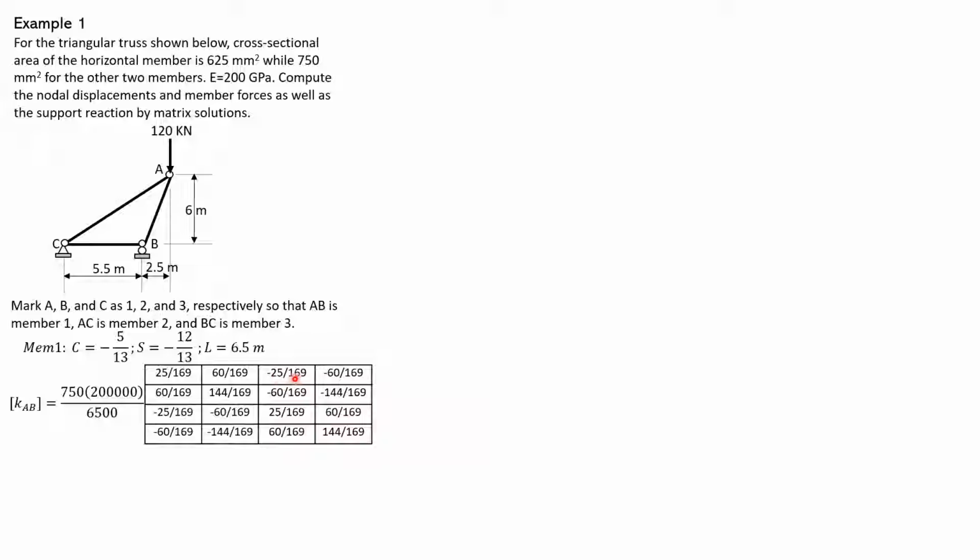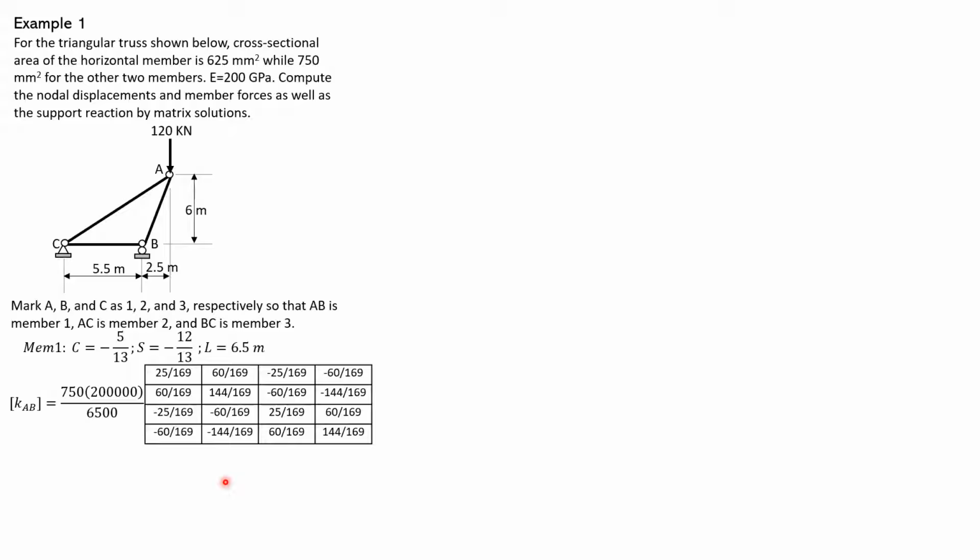Then this is the negative of the first, this is the negative of the second. Then this is CS, so we just copy that. This is S square, the square of sine, 144 over 169. Then the negative of the first, negative of the second. Then we copy this 4 by 4, the top left corner here, very same, and this one here is the same.